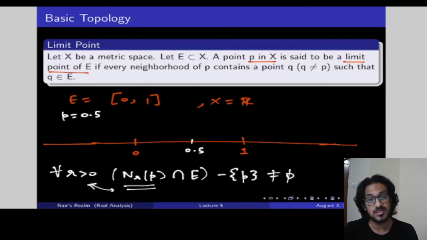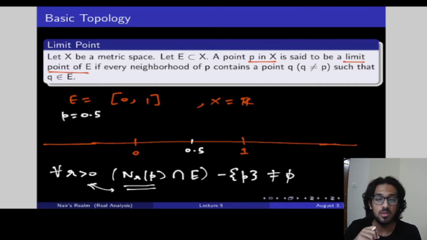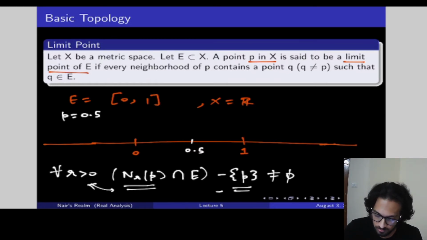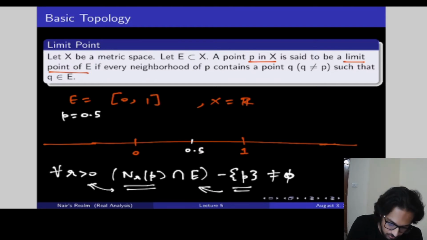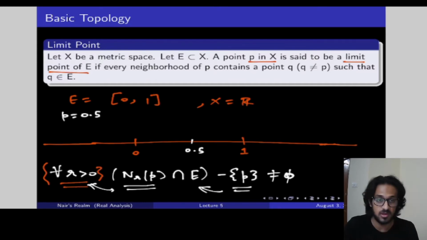The definition says that the points in the neighborhood centered at P and in E should not be the same point P. It should be some Q which is not P. That's what the definition says. So I'm removing P from this intersection, and if that is still not phi, then I can say that P is a limit point, correct? And this has to be valid for all r greater than 0. This is the most important part of the definition.